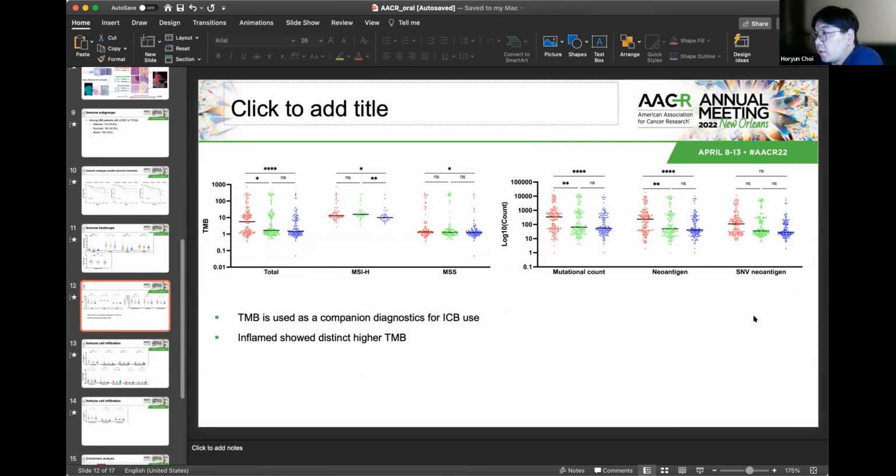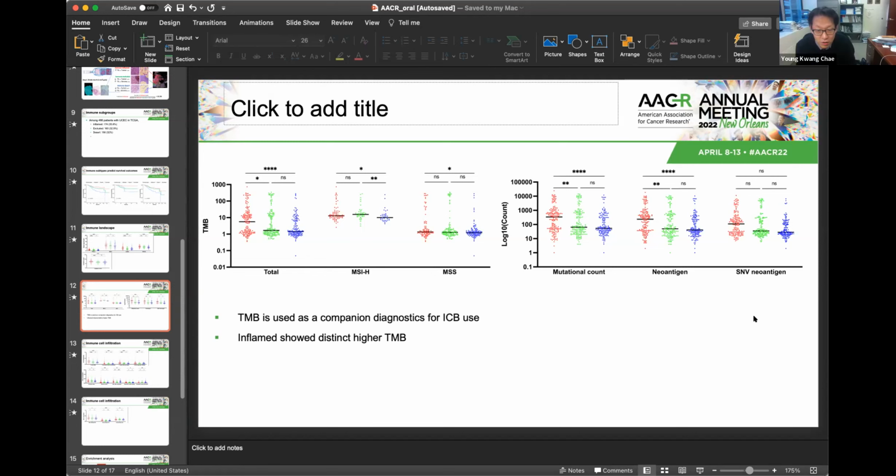I think SNV neoantigen is included in neoantigen. I'm still working on it. There is a report on SNV neoantigen. I need time to check.